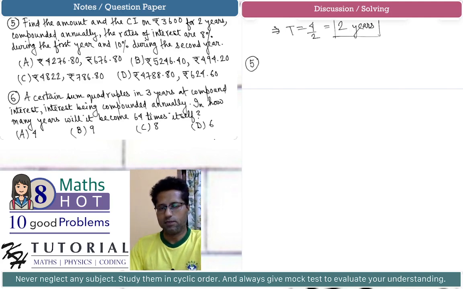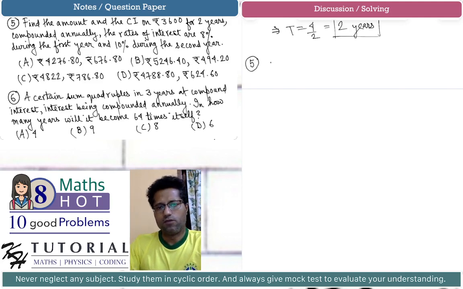So we have already discussed the general formula for computing the compound interest on a principal where interest is being compounded annually and the rates are different for different years.